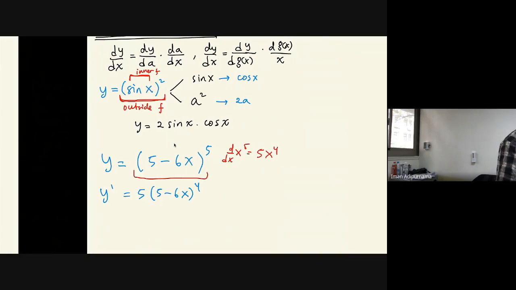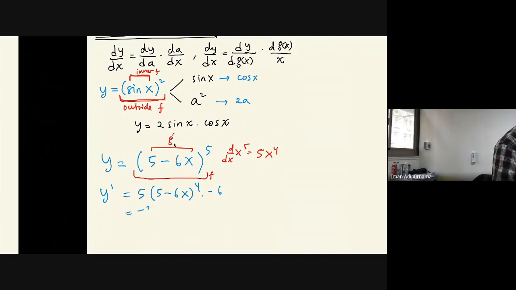The second function is your g inside. So this is your f, and this is your g. And then you just multiply by the derivative of the inside function, which is negative 6.